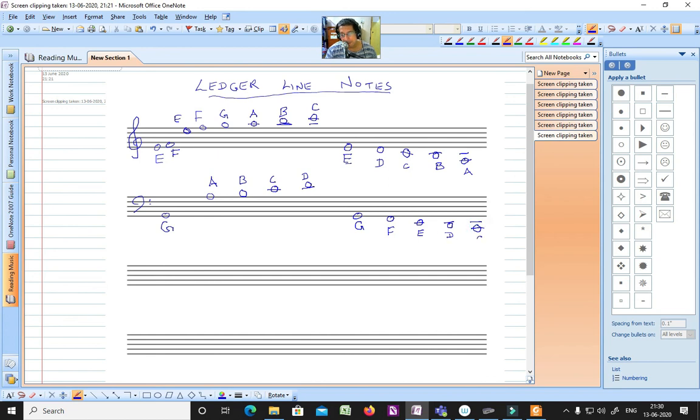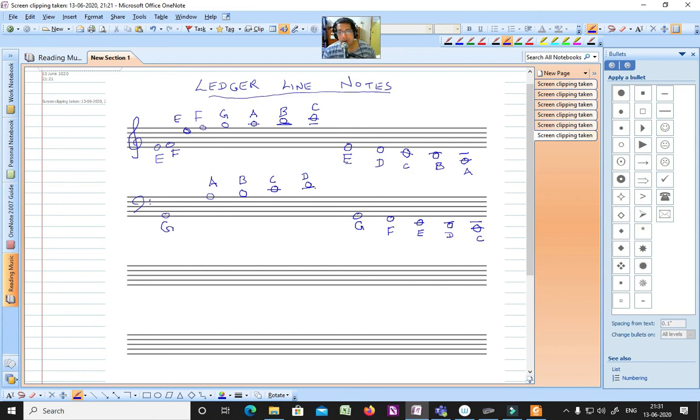C. So this is how the notes which are off the staff, which are called ledger line notes, are named. It's very easy. You can see it just progresses from space to line to space to line. Okay, and the alphabets proceed by increasing, or if you go downward, it goes backwards, decreasing. Okay, so these are how ledger line notes are named.